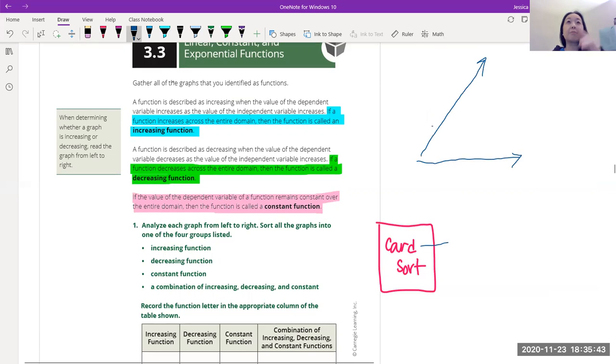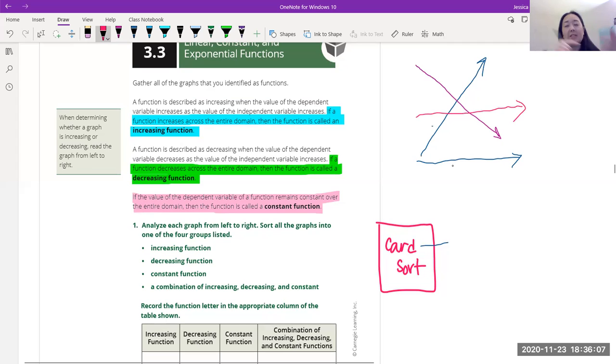And as x is getting bigger and your y's are going down, that's decreasing. And then as your x gets bigger, y doesn't care, y is just going to keep on keeping on. That's going to be constant. Okay, so that's the difference between them. So it's always from left to right as x gets bigger, not x gets smaller.